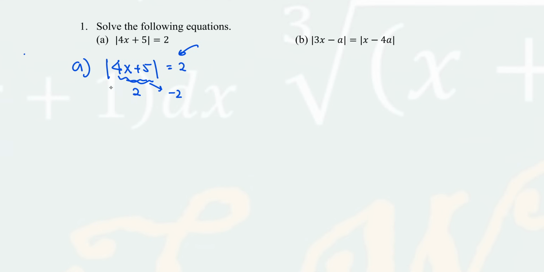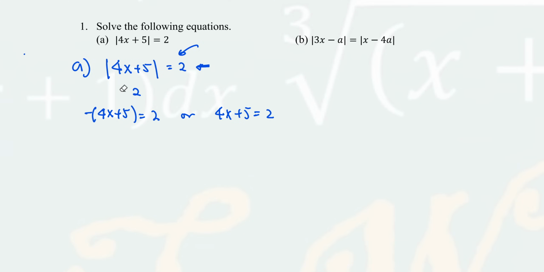Or another method is you just change it into minus 4x plus 5 equals to 2, or 4x plus 5 equals to 2. So it depends on you, where do you want to put your negative. But I personally recommend the negative goes to the constant, then it will be easier.